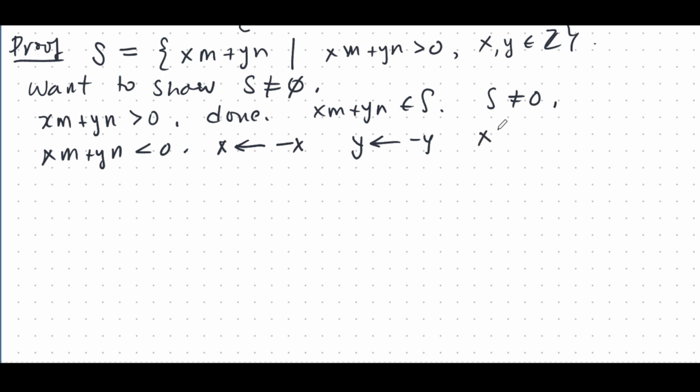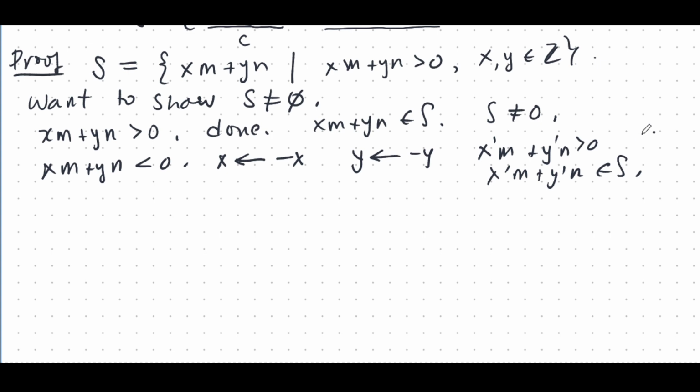Let's call this new version x prime m plus y prime n, and this is now positive. And so x prime m plus y prime n is now in S, and S is not empty. Now you may wonder, what happens when xm plus yn is zero?